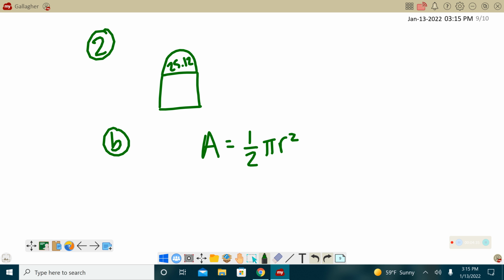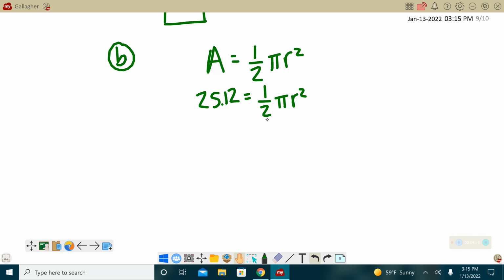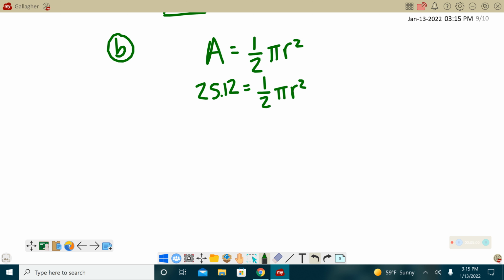I know that this is 25.12, and they are asking us to figure out how big the radius is, so that way we can use it to find the measurement of the square. So half of pi, or half of 3.14, is about 1.57.